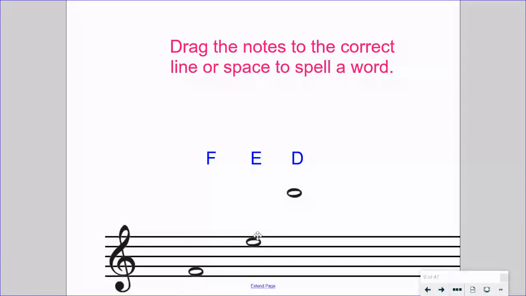Yes, it would be in the top space. And then the D is a line note. Is A a space note or a line note? Yes. Space. It's a space note. And counting from the bottom, I would say it's in space number 2.